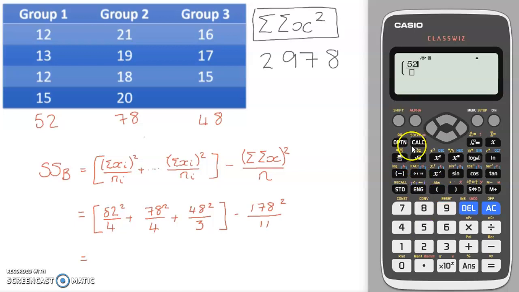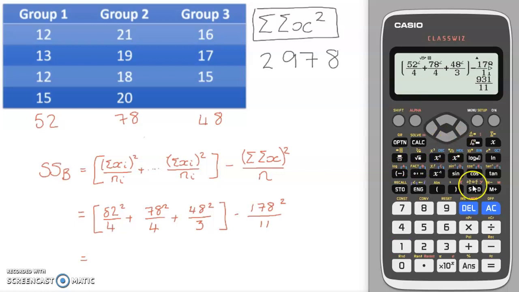I'm going to do 52 squared over 4, add fraction, 78 squared over 4, add fraction, 48 squared over 3, and then I'm going to close that bracket, and then I'm going to minus my other fraction of 178 squared over 11.